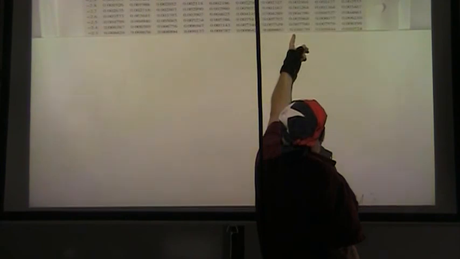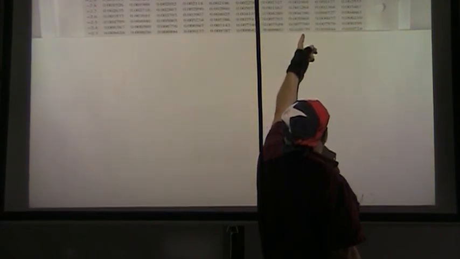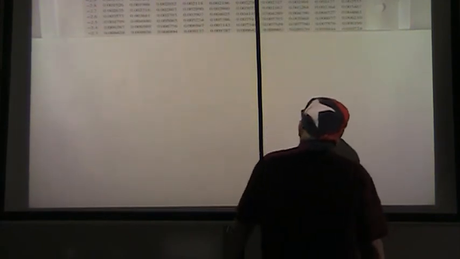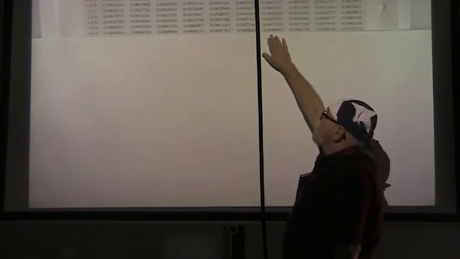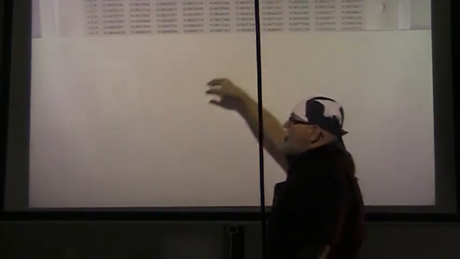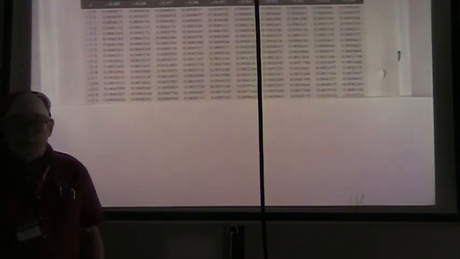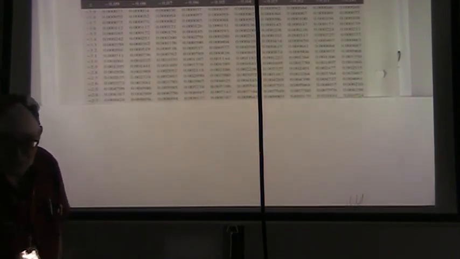And 0.010170, that's pretty close too. I'm going to choose this number as being closer to what we want. Okay, so I'm going to kick up so that we can actually read what the numbers are across the top.